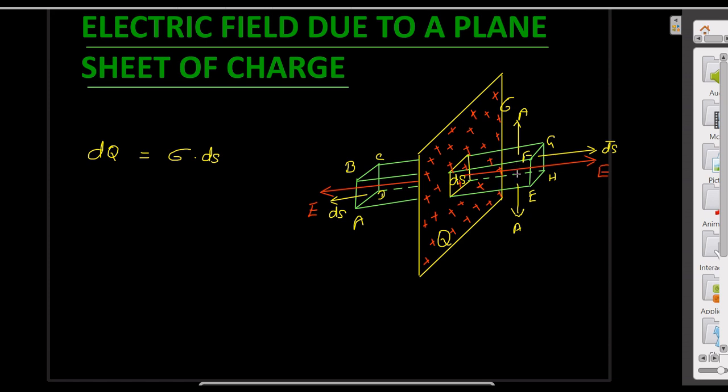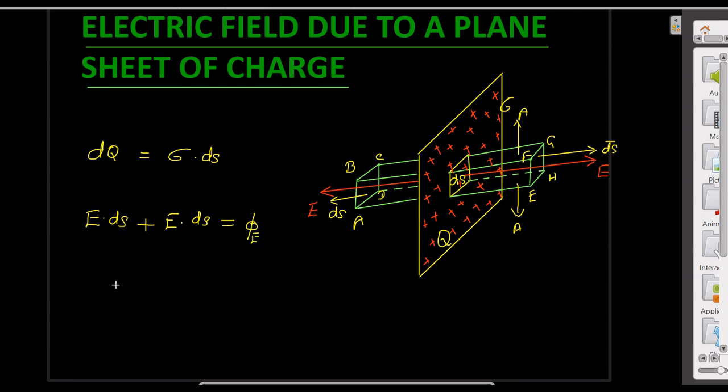Hence, E dot ds for the other surfaces must be 0. E ds cos 90 is 0. Hence, the total flux will be E ds through the surface EFGH and E ds through the surface ABCD. This will be the total flux, phi E, electric flux.